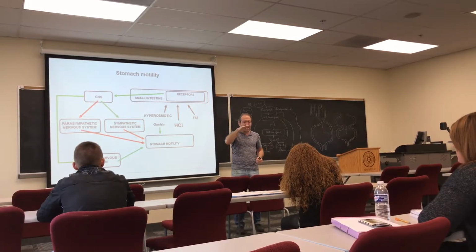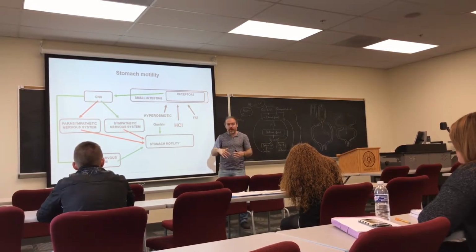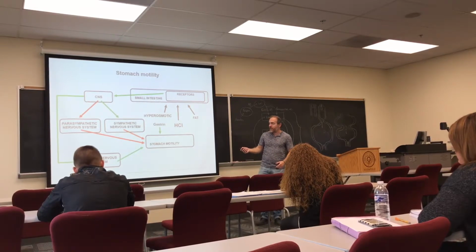So there are always going to be contractions of small intensity, low frequency. And then whenever you have food in the stomach or small intestine, you are going to increase the frequency and the strength of the contractions, all right? And that's going to be controlled by both the enteric and the central nervous system.